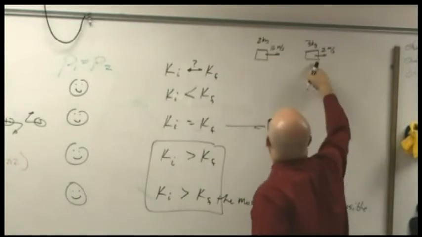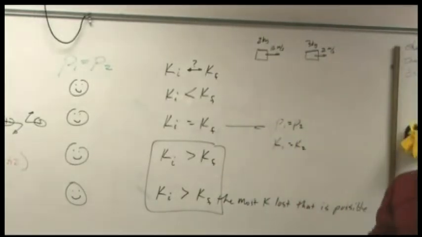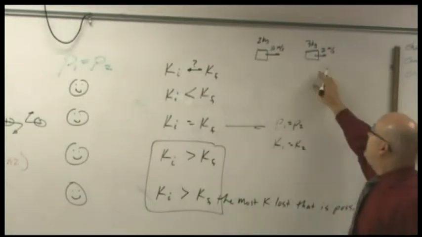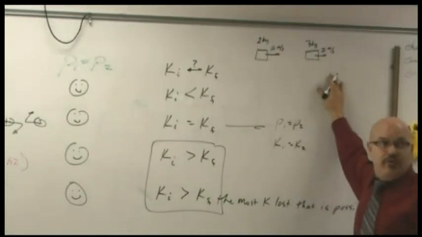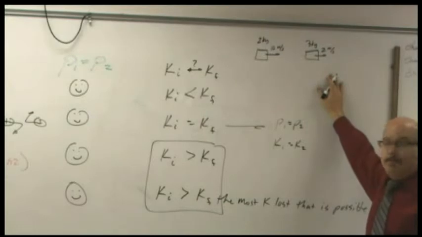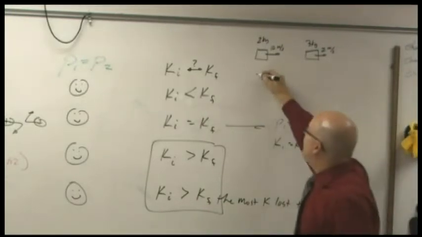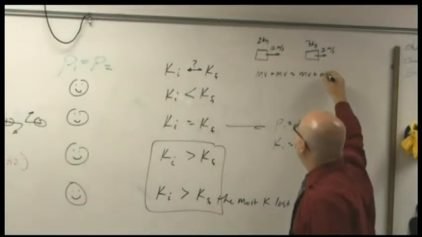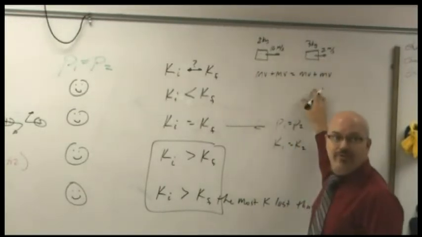This one collides with this one. All right? And then afterwards they bounce off each other. Well, they'll continue to move to the right, won't they? Yes. Now, if we set up conservation of momentum, mv plus mv equals mv plus mv, because we have 2 before and 2 after.